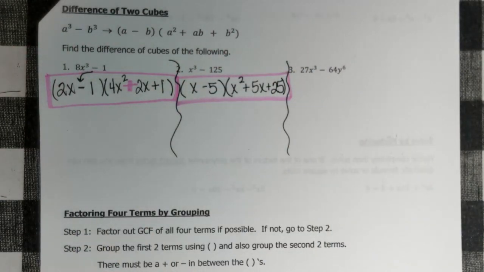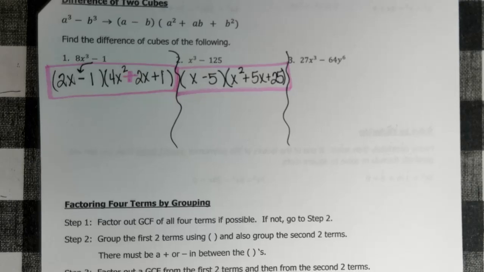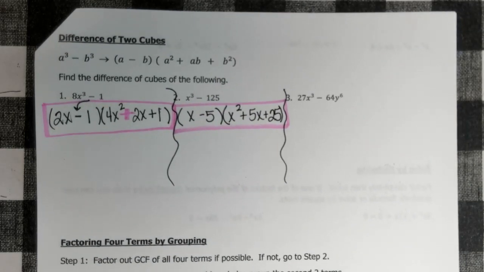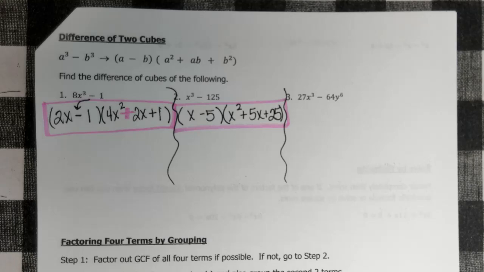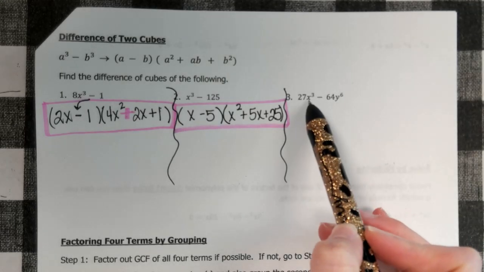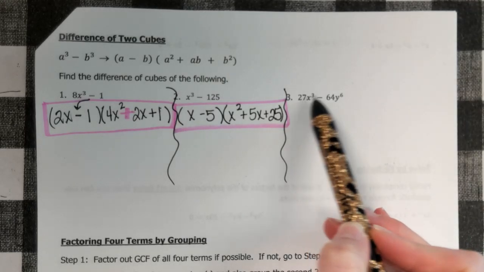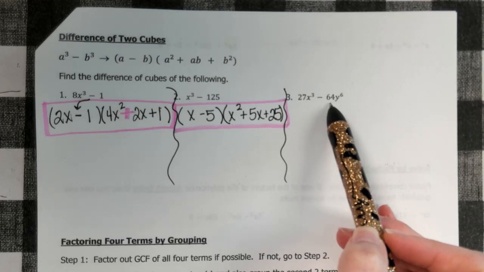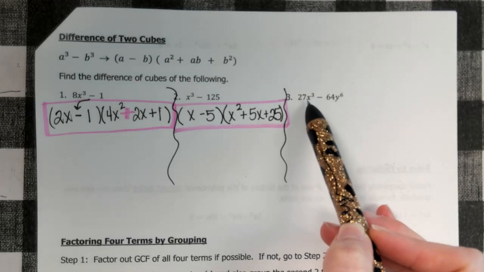Okay. Now with this next one, we've got 27x cubed minus 64 y to the 6th. I would check, can I take out a GCF between 27 and 64? No. Could I take out an x?